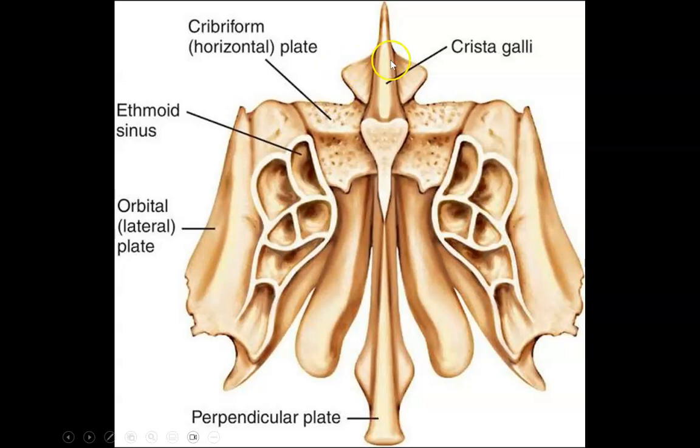Another view: crista galli, perpendicular plate, horizontal plate, the cribriform plate with many holes passing the filaments of the olfactory nerve, and we have the turbinates and the ethmoid air cells and the orbital or lateral plate, lamina papyracea.